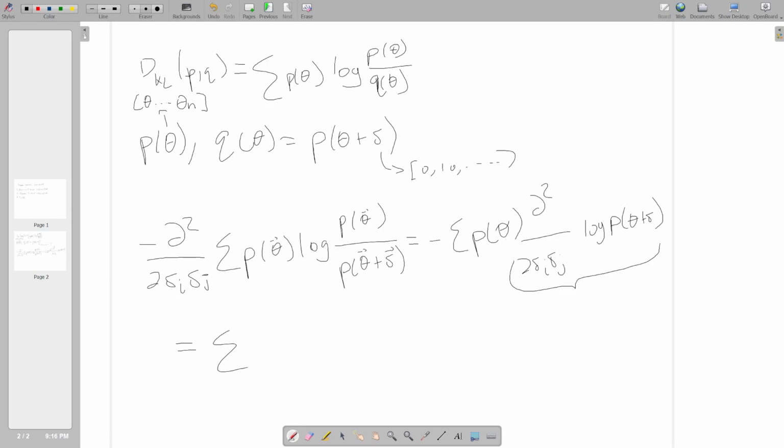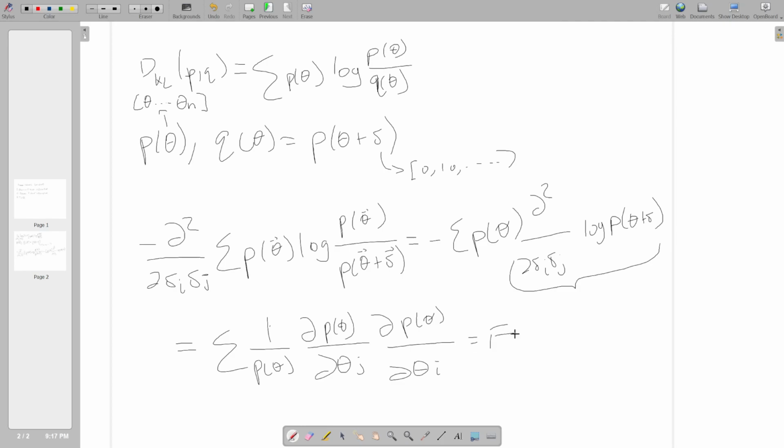And we can also say that this is equivalent to 1 over p of theta times the partial of p of theta with respect to theta j, times the partial of p of theta with respect to theta i. In this case, this may look more like the Fisher information. I can say this is equal to F.